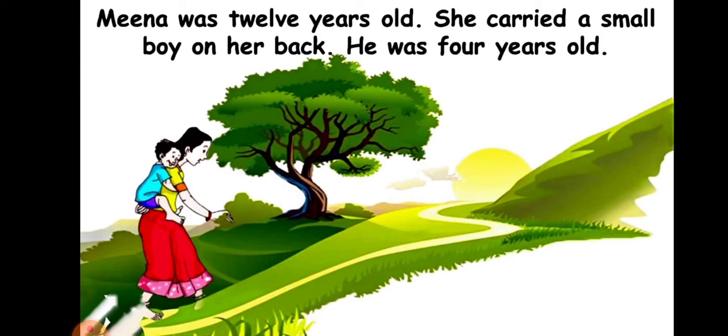And when it was difficult for other people to go on their own, Meena was carrying a boy on her back. That means she had double weight, her own and that of the boy. With that double weight, she was climbing the hill at this young age.